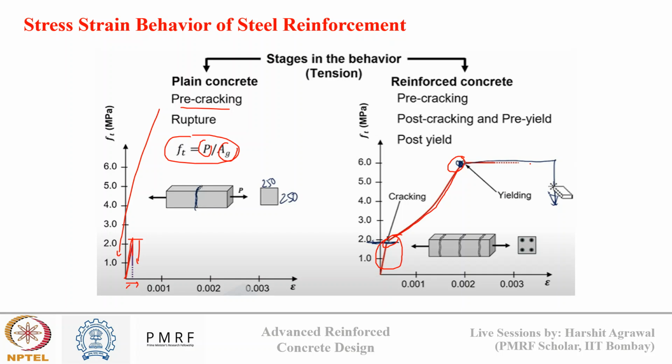And finally post yielding, where steel yields and undergoes large deformation. This allows the structure to sustain load even after significant cracking in the concrete. While plain concrete is brittle in tension, the reinforcement ensures ductility in load carrying capacity even after cracking, which is the fundamental reason why we use steel in concrete members.